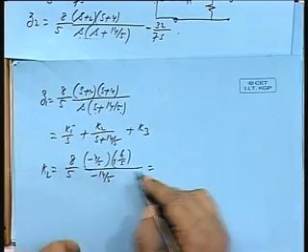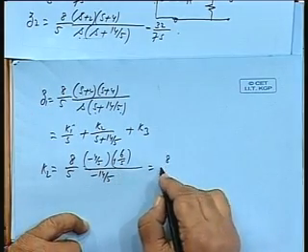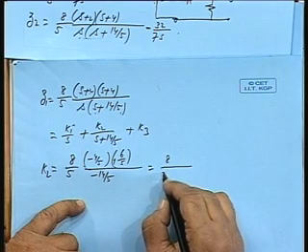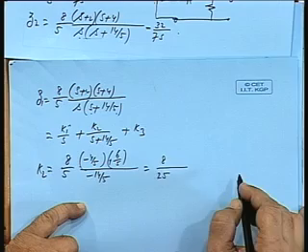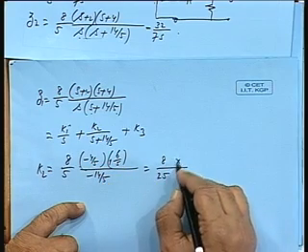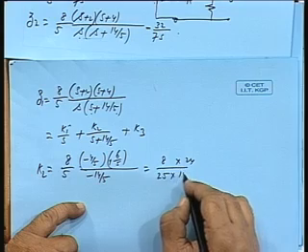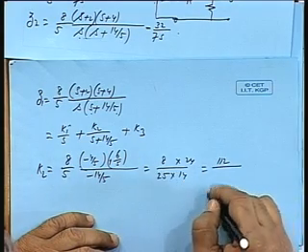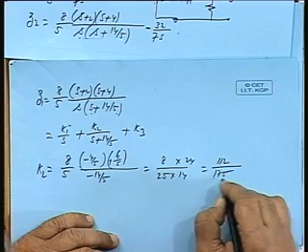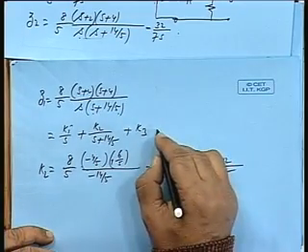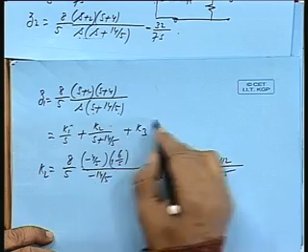So, that gives me 8 by 25, and then 24 by 14. So, 112 by 175. Okay, this K2 is this much.